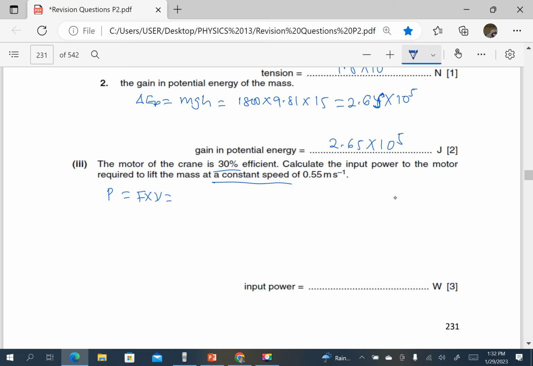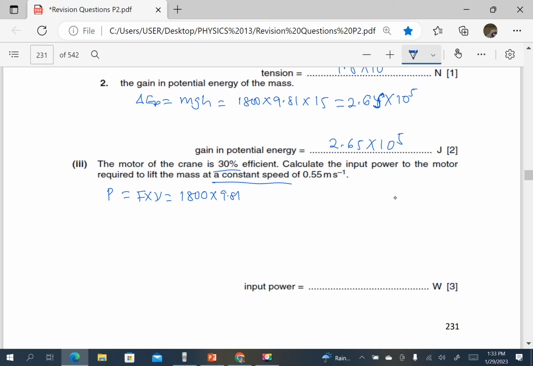So the output power, the force is 1800 times 9.81, that is the weight.